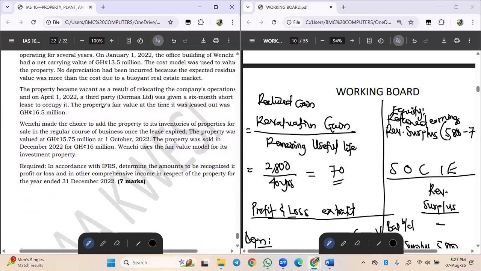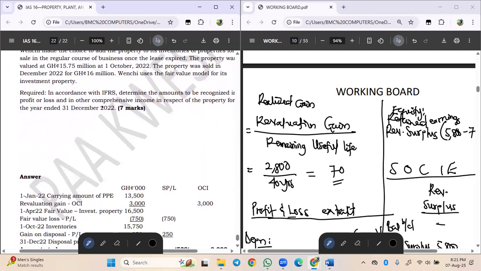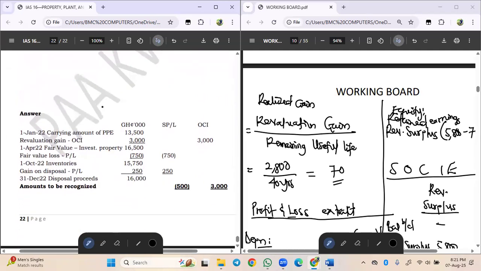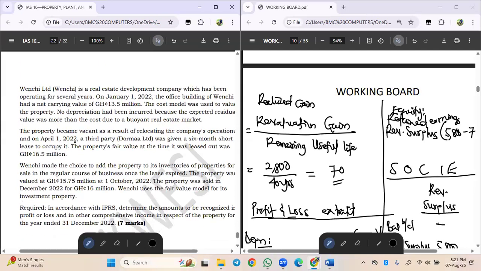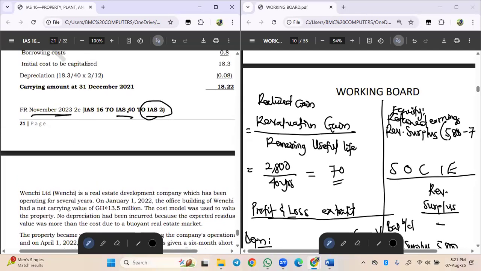You can try, but you get a similar one in IAS 40. So you see, one asset was PPE, became investment property, and also became inventory. That's why you see from IAS 16 to IAS 40, then from IAS 40 to IAS 2.